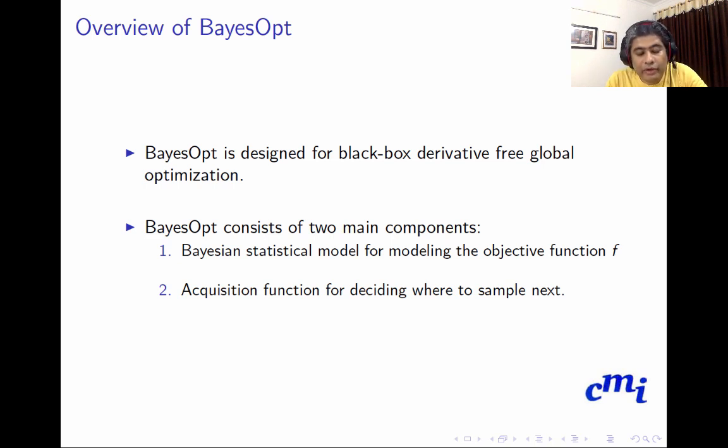We try to find from the model where we can get the optimal function, and around that area we would like to draw our samples. So that is pretty much the idea. The second component is to develop an acquisition function for deciding where to sample next. So those are the two main objectives that Bayesian optimization works on.